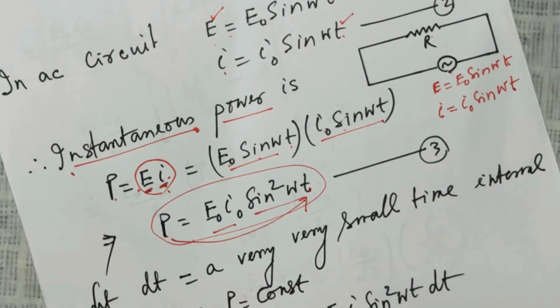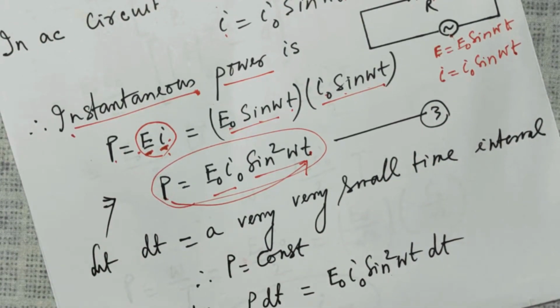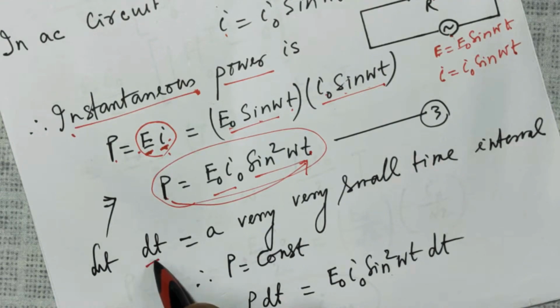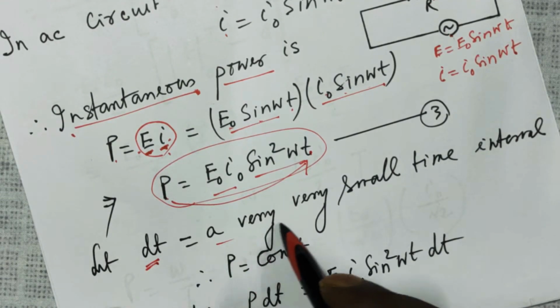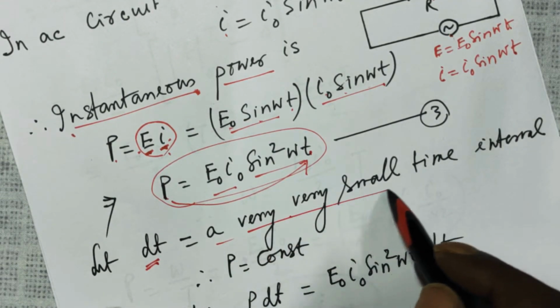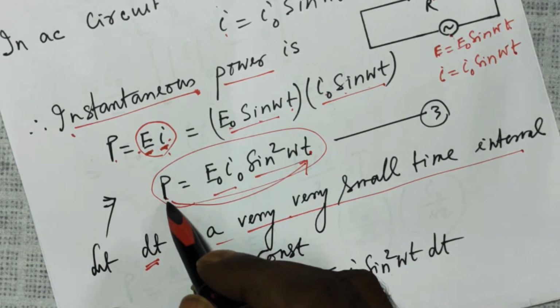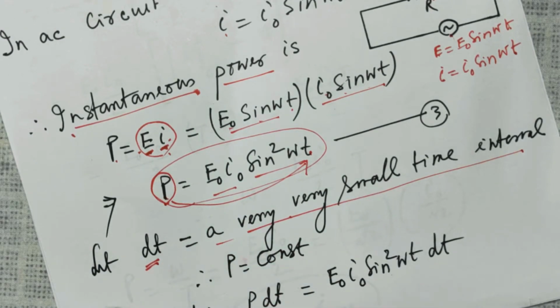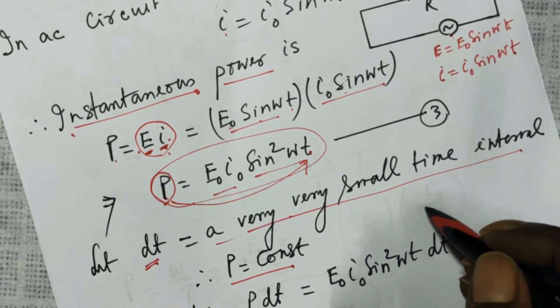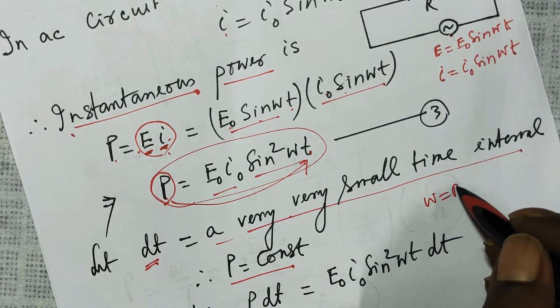Now suppose we consider a very small time interval dt. If dt is very small, then you can consider this power to be almost constant for that small time interval. Means P is constant, so you can use the formula work done is equal to power into time.